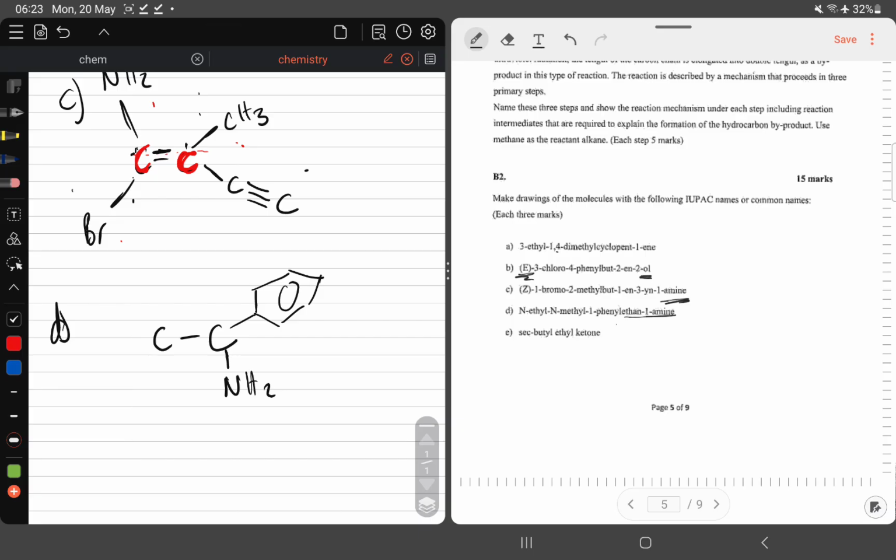And then we say N-methyl, so on this nitrogen is a methyl, CH3, and N-ethyl, so it's going to be a CH2CH3. So here is our nitrogen bonded to the carbon.